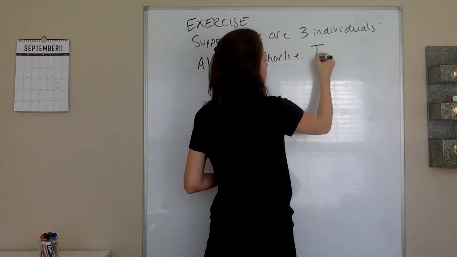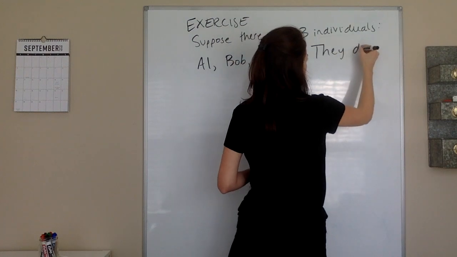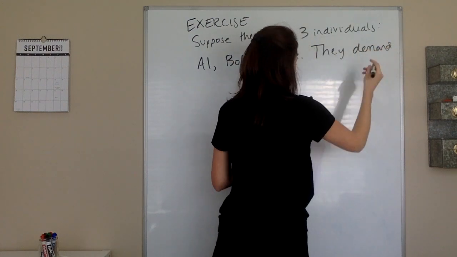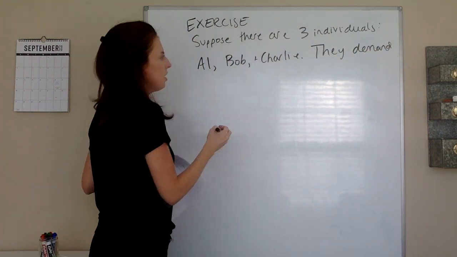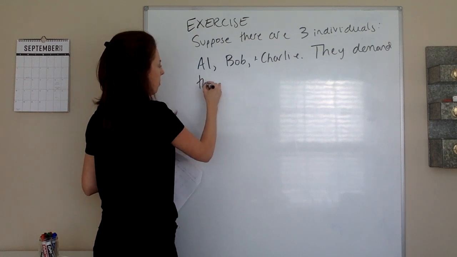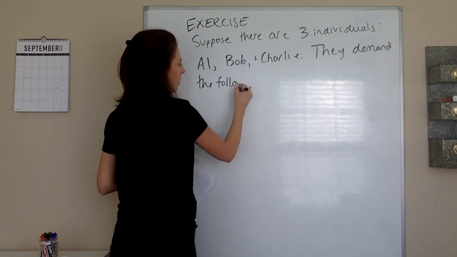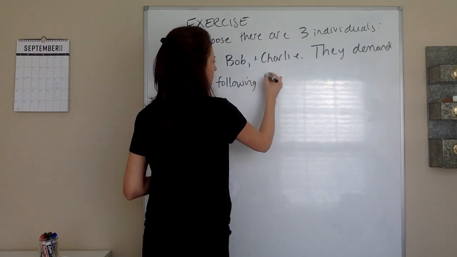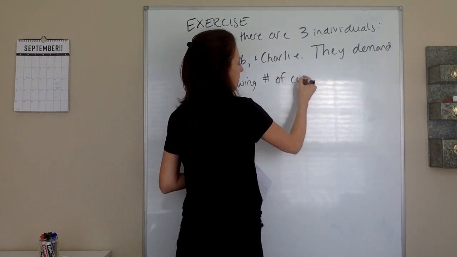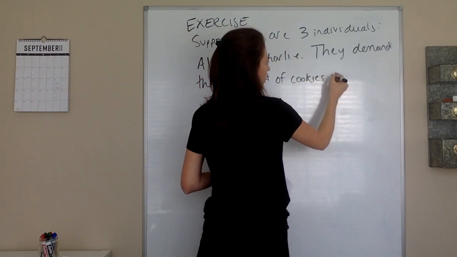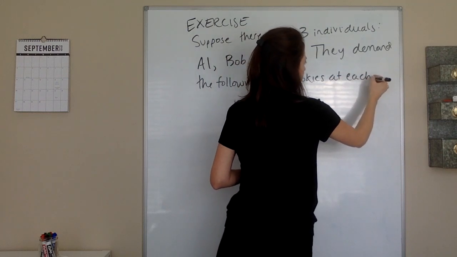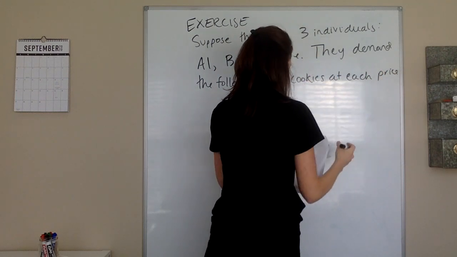And let's suppose that they demand the following number of cookies at each price. Okay, so here you'll just have to recreate the table.